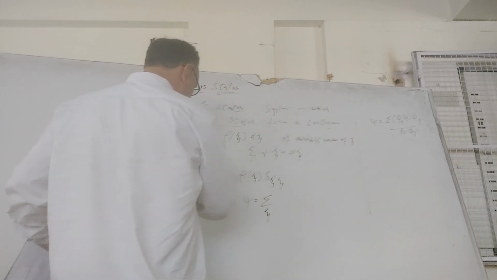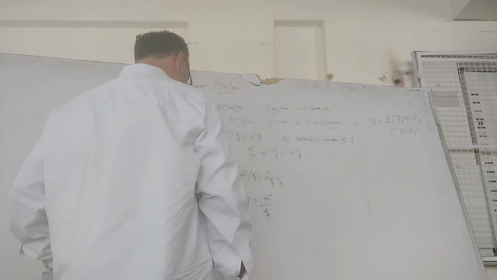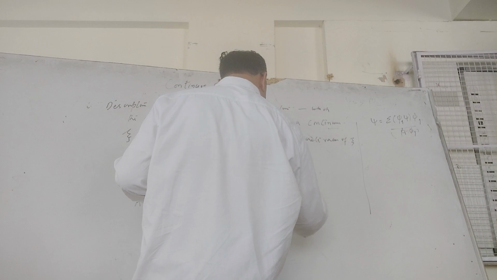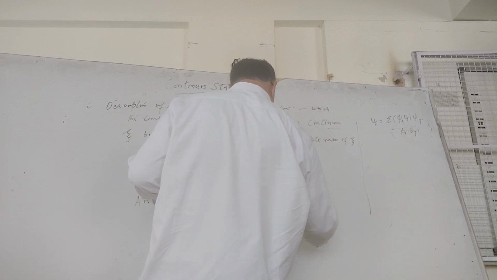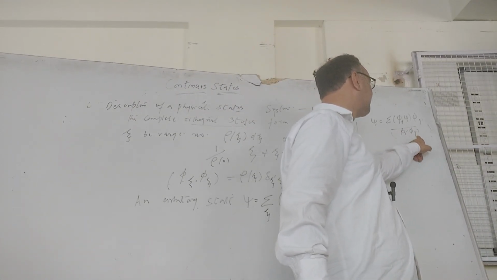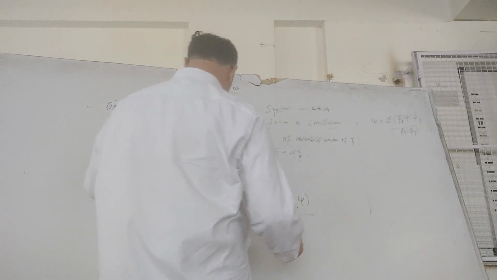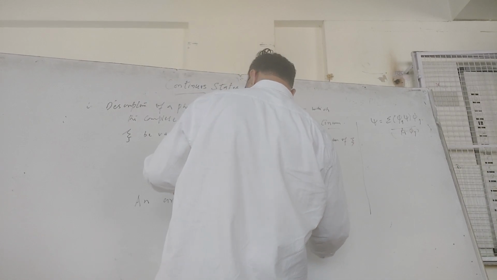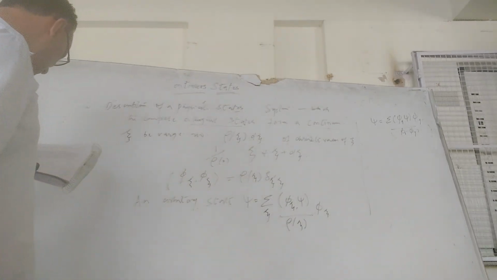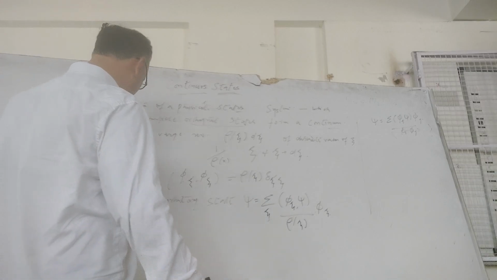So now we are going to replace this j by zeta. So psi will be the sum of phi zeta, psi, with rho zeta, and phi zeta. In the limit where the zeta values become very close together, the sum over the continuous function can be written as an integral.